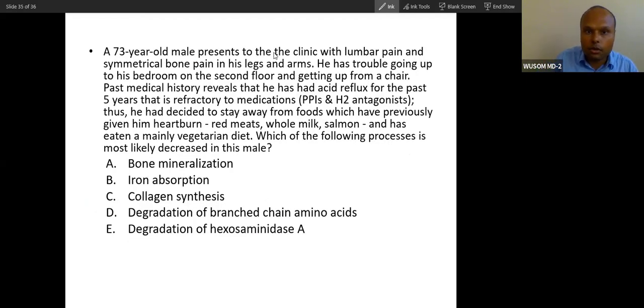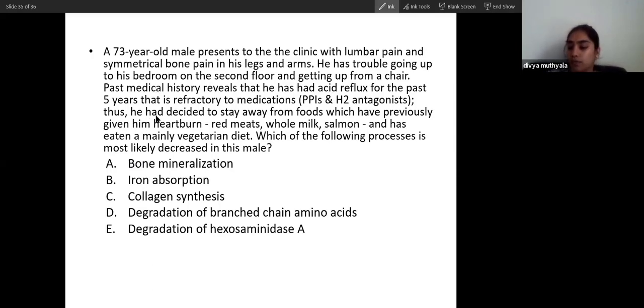A 72-year-old male presents to the clinic with lumbar pain, symmetrical bone pain in the legs and arms. He has trouble going to the bedroom on the second floor and getting out of a chair. Which of the following processes is most likely decreased in the male? This must be about vitamin B12 deficiency, okay?